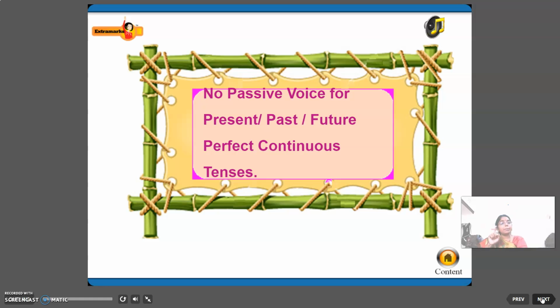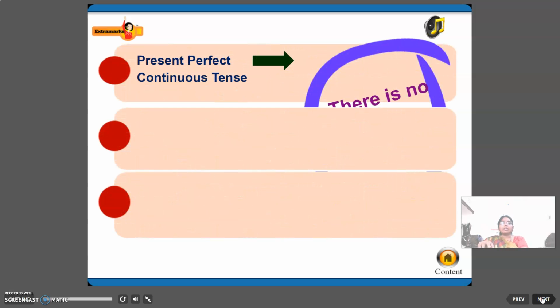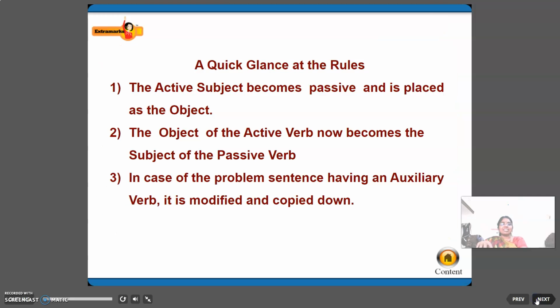Not continuous, perfect continuous tenses. Okay, so no passive voice for present tense, past tense, future perfect continuous tense. All perfect continuous tenses, no passive voice. Be clear in that. So for present continuous tense, past continuous tense and future continuous tense, there is no what?